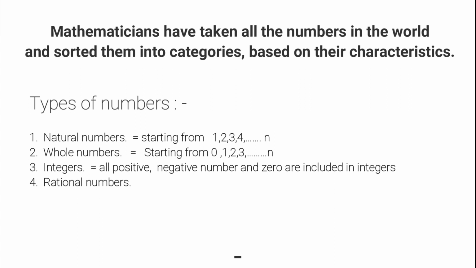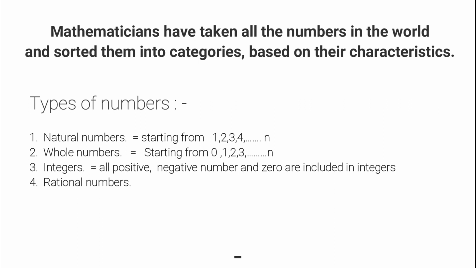The second type, whole numbers, starts from 0, 1, 2, 3 to infinity. The third that you have studied in the previous classes is integers. All the positive numbers, negative numbers and 0 are included in integers.